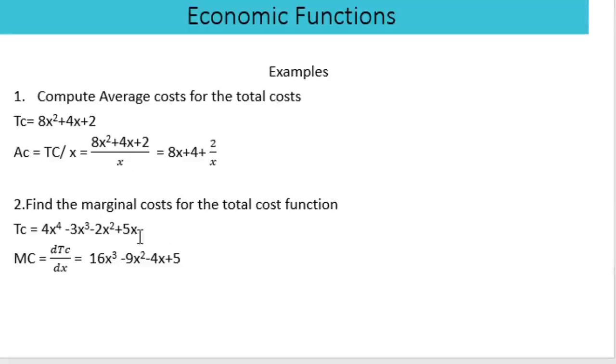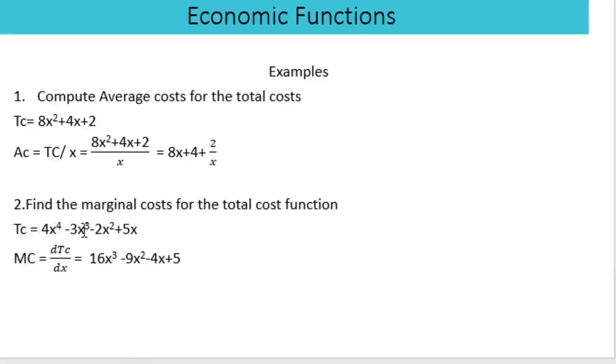Then the second question is to find the marginal cost for the total cost function. Marginal cost is the first derivative of the total cost. That is, take the first derivative of the total cost function. The total cost function is TC equal to 4x raised to 4 minus 3x cube minus 2x square plus 5x. Then marginal cost equal to dTC by dx. The differential of 4x raised to 4 is 4 into 4x raised to 4 minus 3, that is 16x cube.